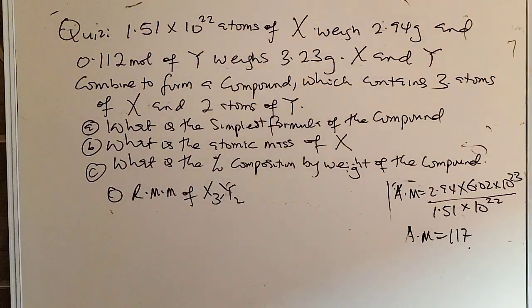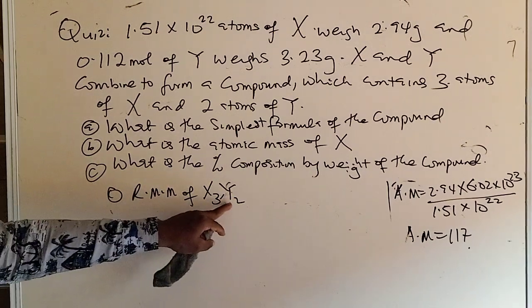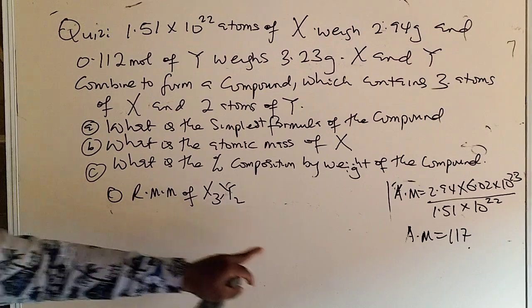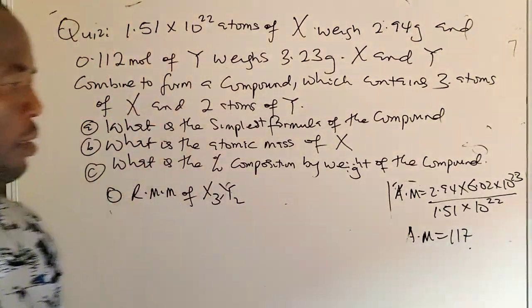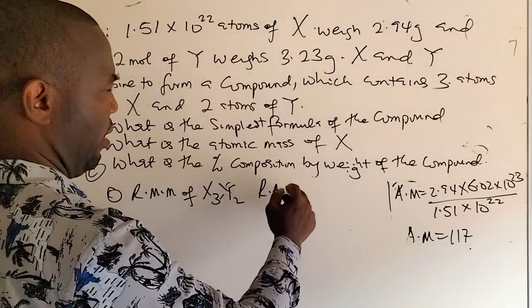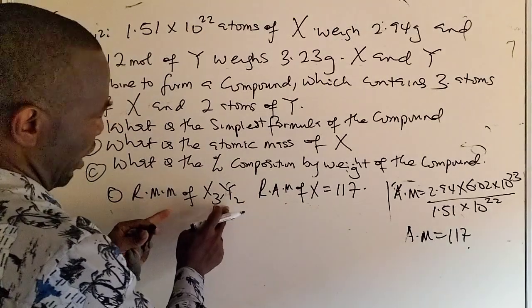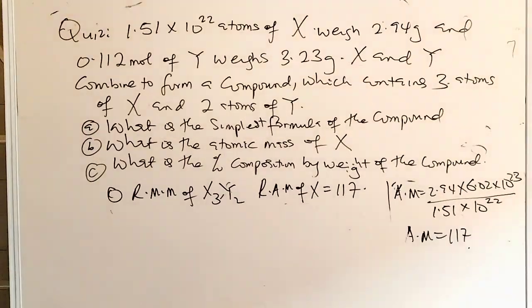But before we go ahead to do that, we need to first of all find the atomic mass of Y, because you cannot find the molecular mass of the compound without knowing that of S, that of Y, even though we're getting S as 117. So atomic mass of S is, let's write it down here, 117. We need to evaluate that of Y before we find the molar mass of the compound.